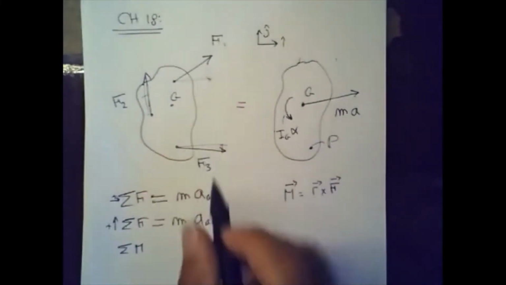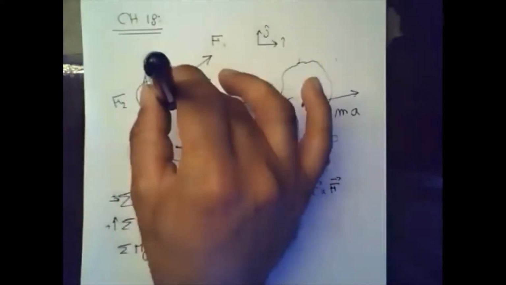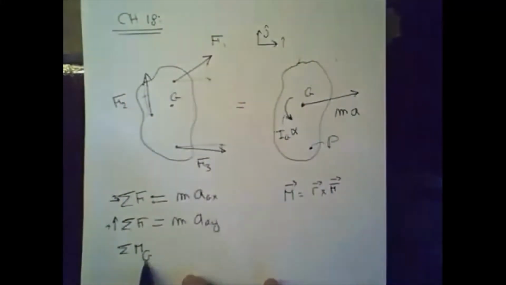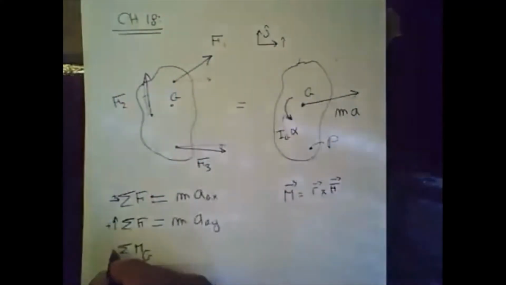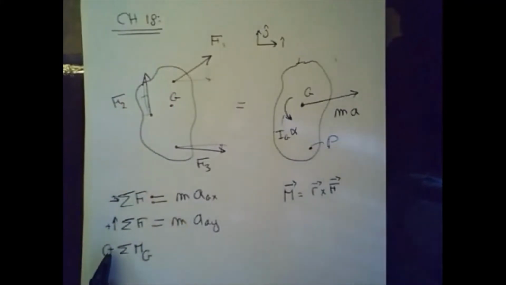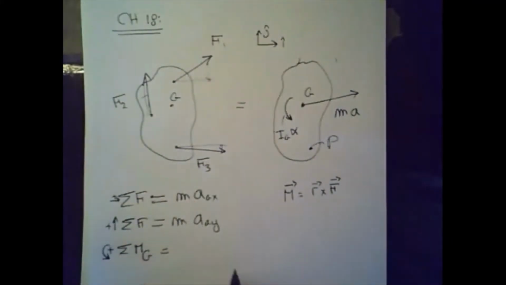So if I sum the moment about the center of gravity, you indicate that by this point, essentially an axis perpendicular to the rigid body passing through it, not just the point. And now you have to indicate the direction of the moments. By putting this plus, I'm using counterclockwise as my positive direction. So here, I'm summing the moment of these forces about point G.